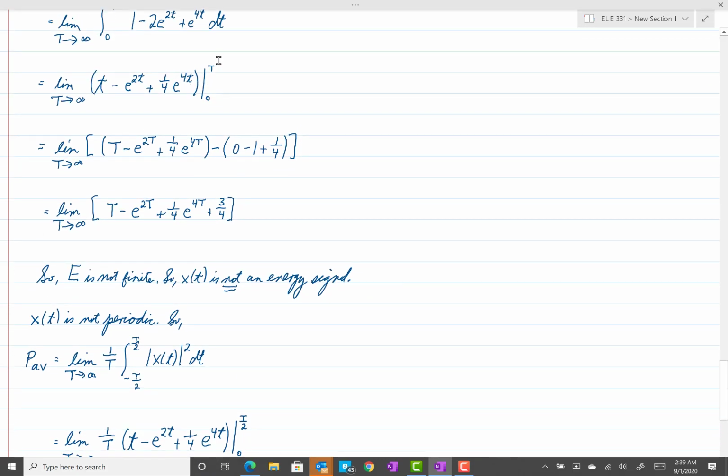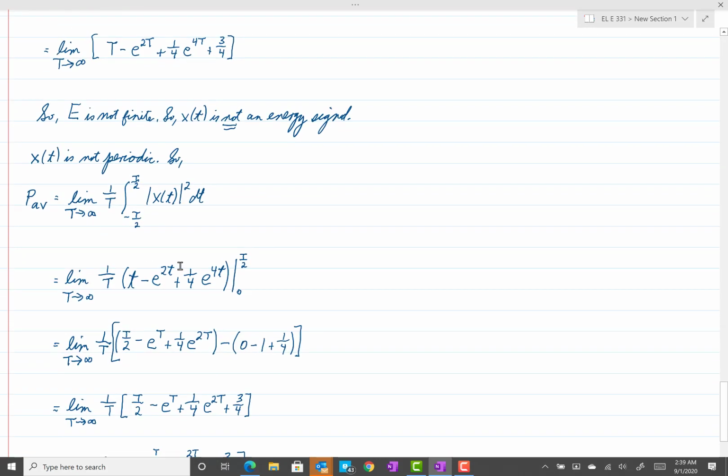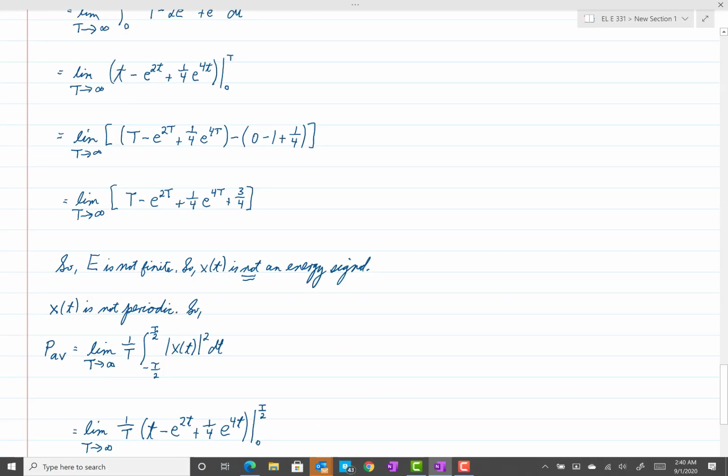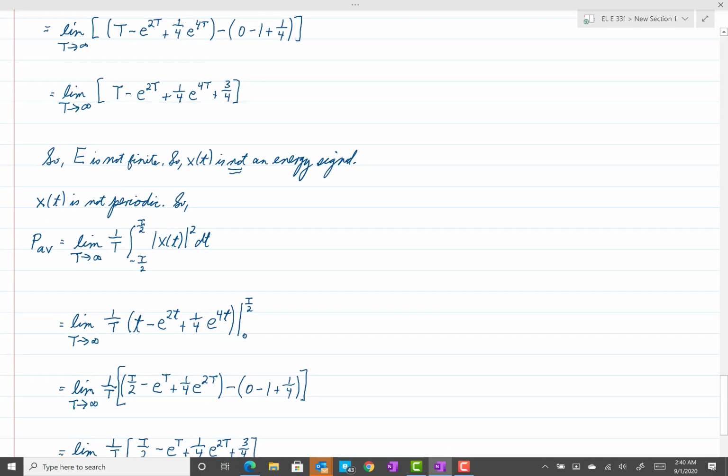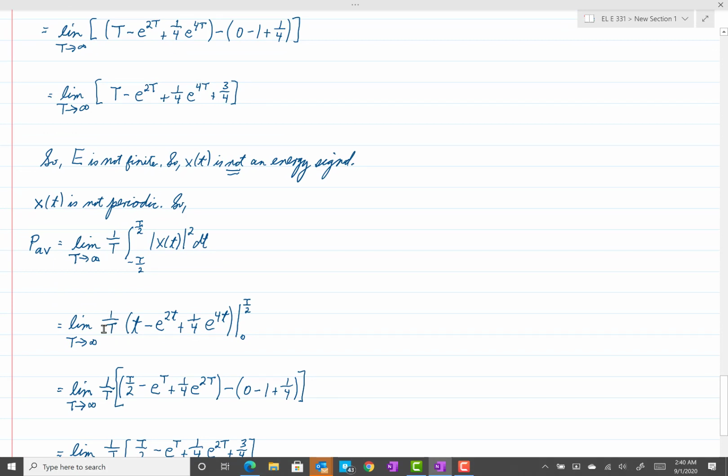The upper limit of T now becomes T over 2 in this case, because as we said before, for the average power integral, the upper limit is T over 2 instead of T as it is up here. And one other difference is we have to remember to put this 1 over capital T here in the average power.